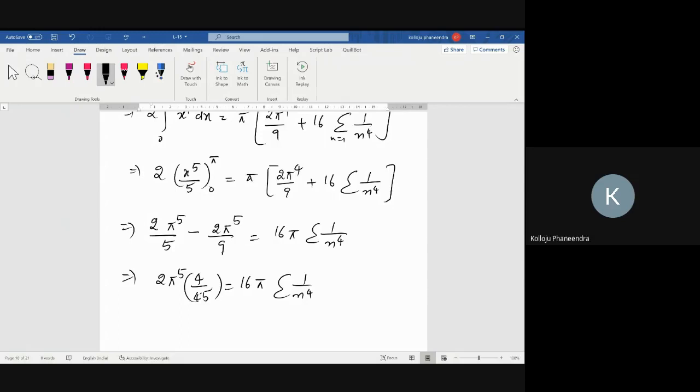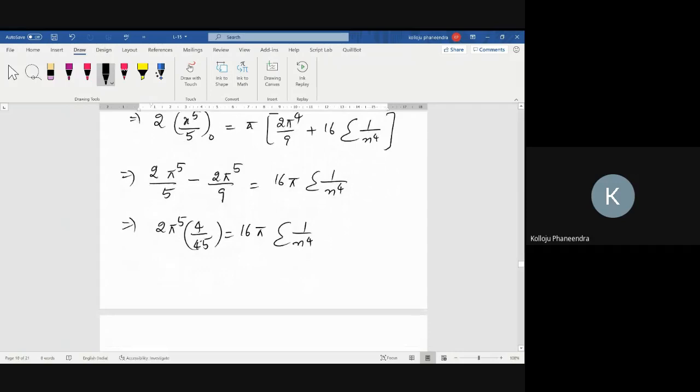Any corrections? Right, that is equal to, 16 here, 8 2s are 16, so pi power 5 by 2 will be 90.